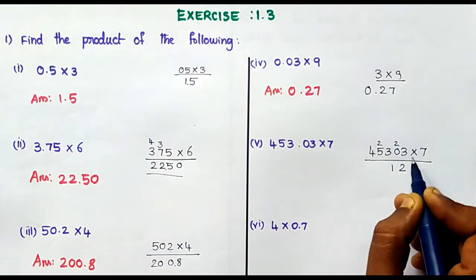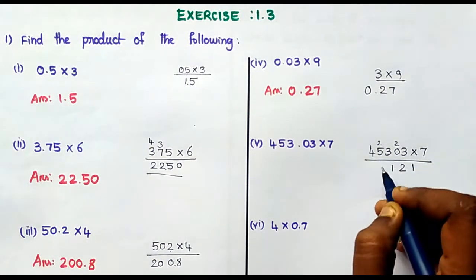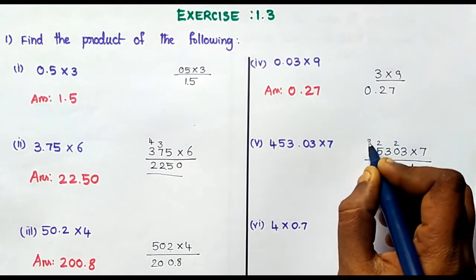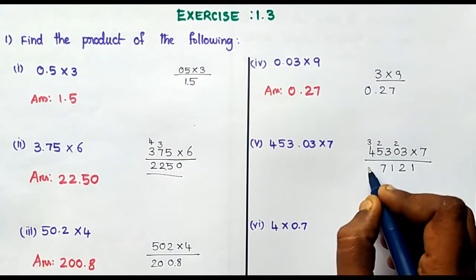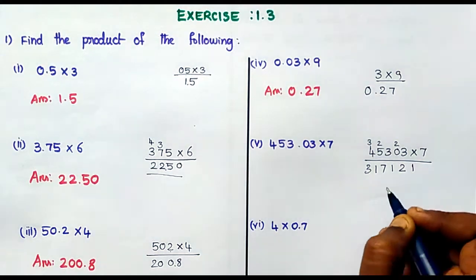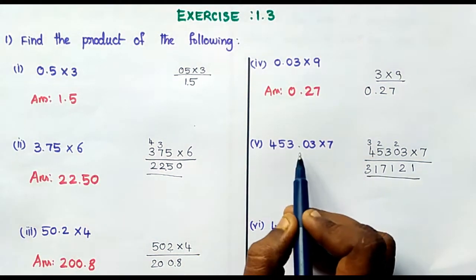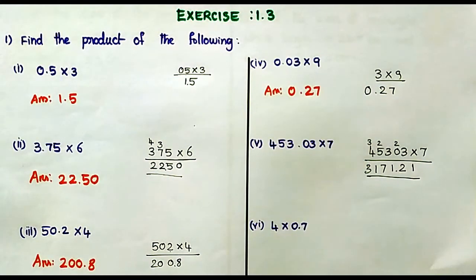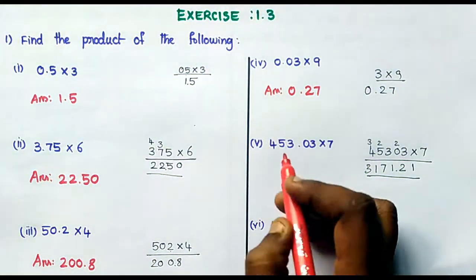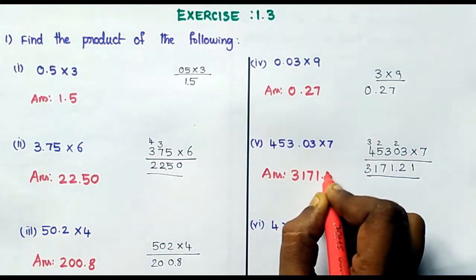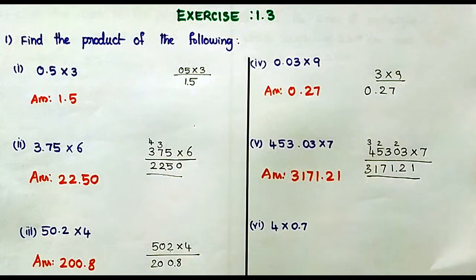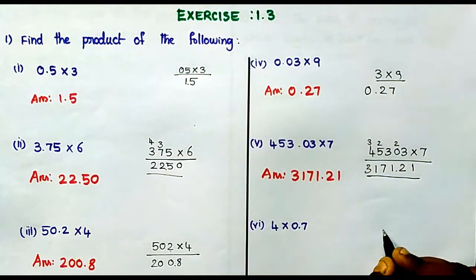Carry over 2. 5 7s are 35 plus 2, 37. 4 7s are 28 plus 3, 31. Before 2 digits we have to keep the point, means 3171.21.